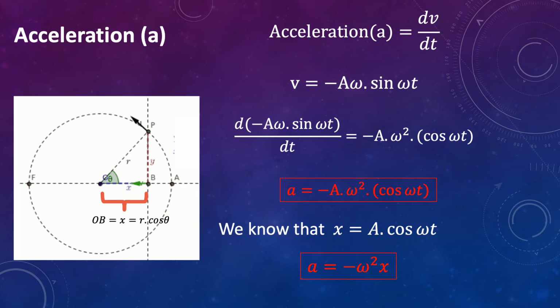Therefore, the acceleration equation is negative A omega squared cos omega t. And since the displacement is equal to A cos omega t, we can replace A cos omega t in the acceleration equation with the displacement, and rewrite the acceleration as negative omega squared times the displacement.